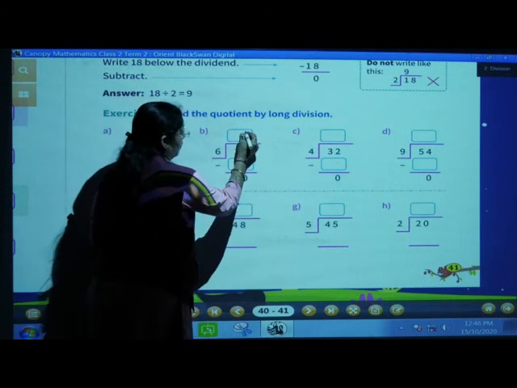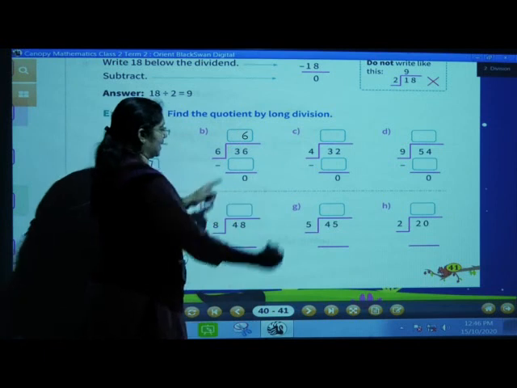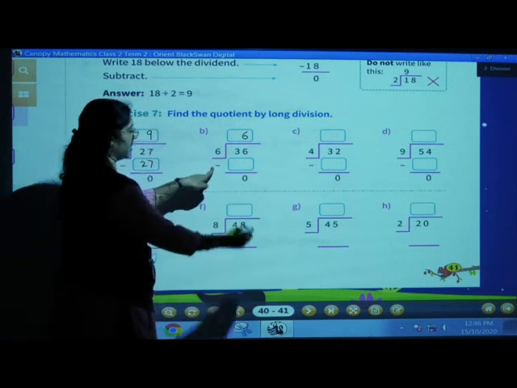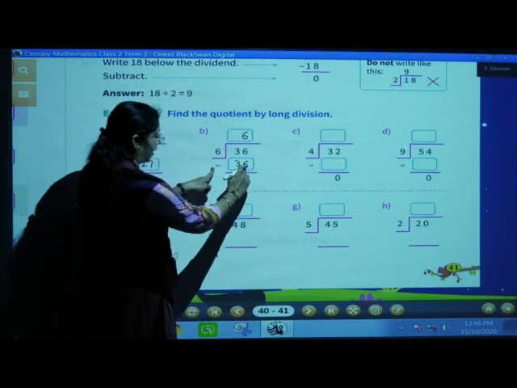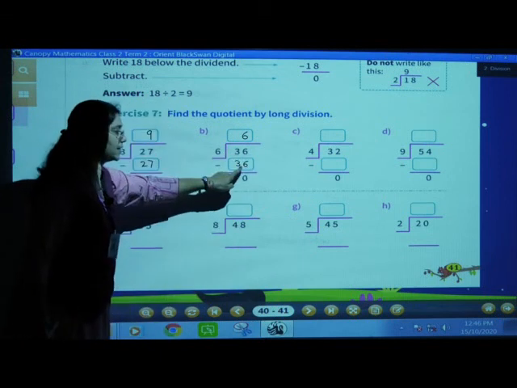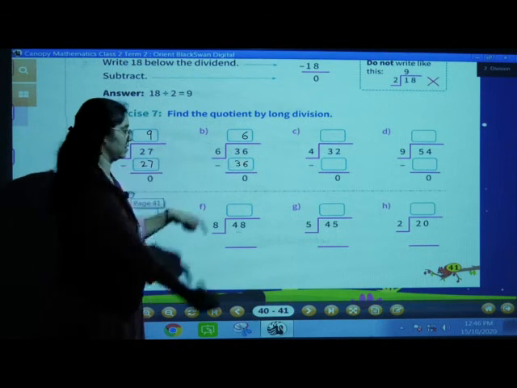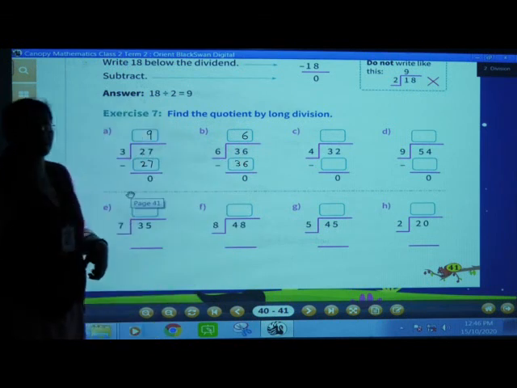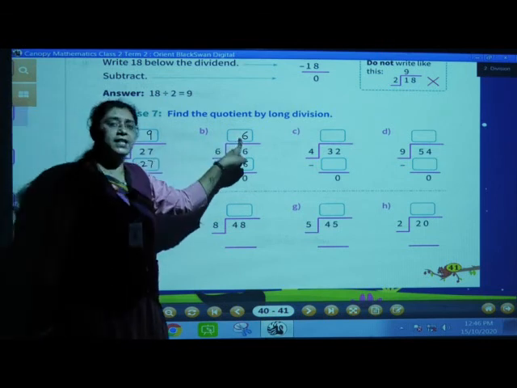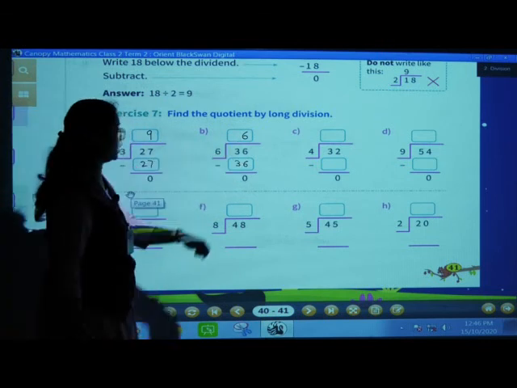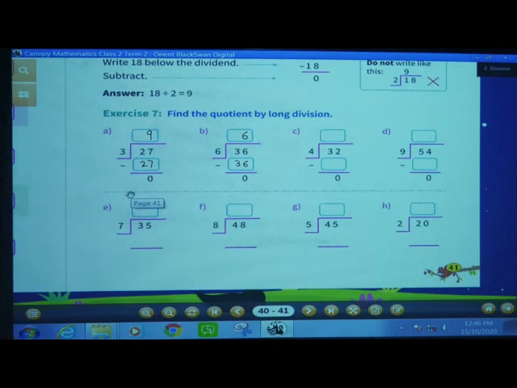Means what will come here? 6. And 36 we have to write below this dividend, and then we subtract 36 from this 36. What we will get? 0. Means 6 is the quotient. Okay, did you understand?